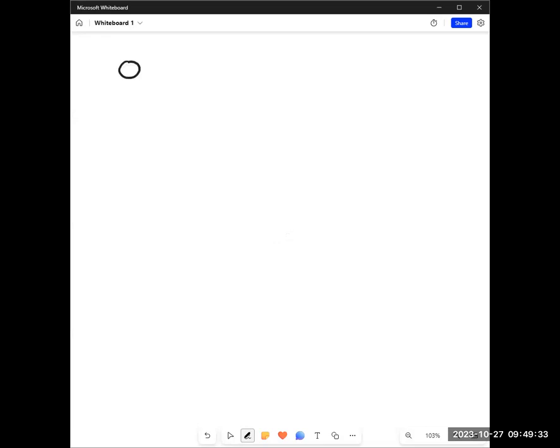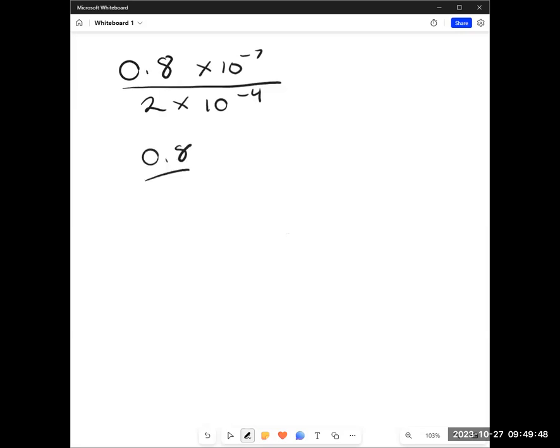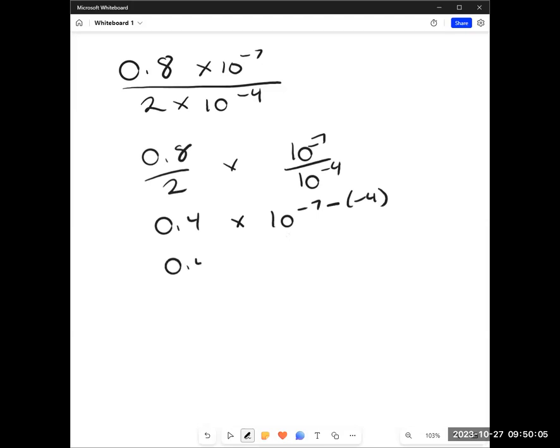I have 0.8 times 10 to the negative 7th divided by 2 times 10 to the negative 4th. That is going to be 0.8 divided by 2 times 10 to the negative 7th over 10 to the negative 4th, 0.4 times 10 to the negative 7 minus a negative 4, 0.4 times 10 to the negative 7 plus 4, 0.4 times 10 to the negative third.